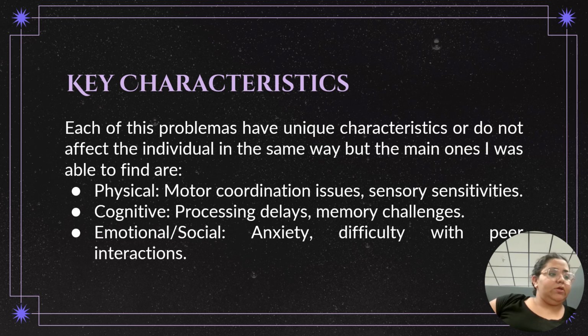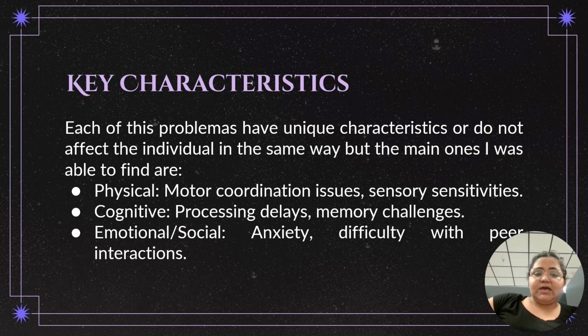Now, some of the characteristics that are visible in class are physical, cognitive, and emotional. I must say before that each of these problems has unique characteristics and does not affect the individual in the same way.